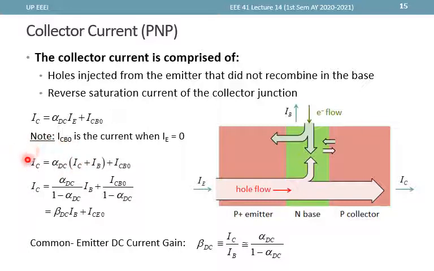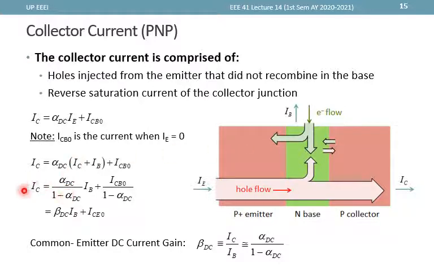So on this portion we'll have IC times 1 minus alpha DC, divide that term back to the right side, and so we end up with IB alpha DC over 1 minus alpha DC plus ICB naught over 1 minus alpha DC. And so this one is a fixed amount regardless of the reverse bias in the CB junction.